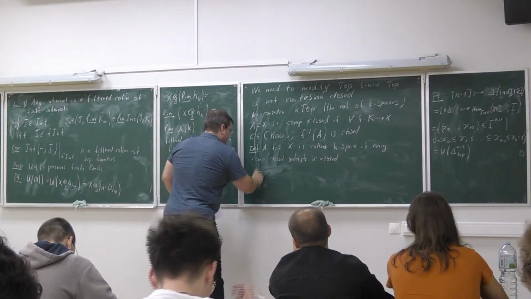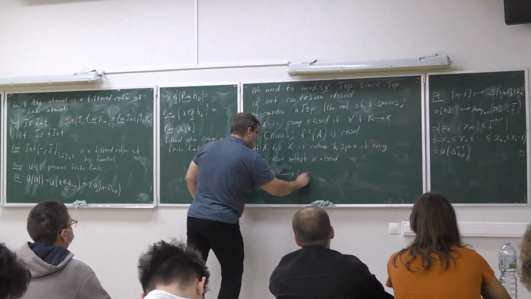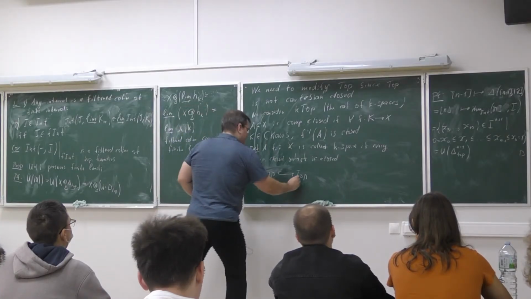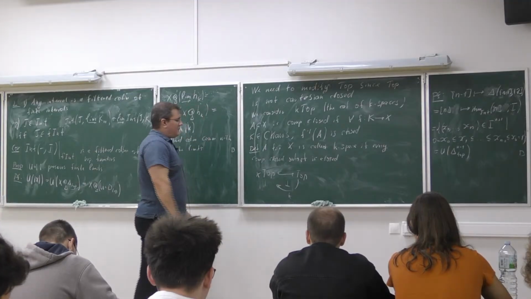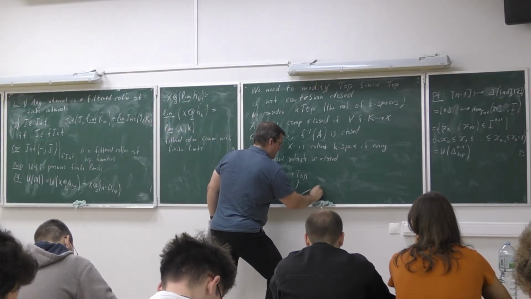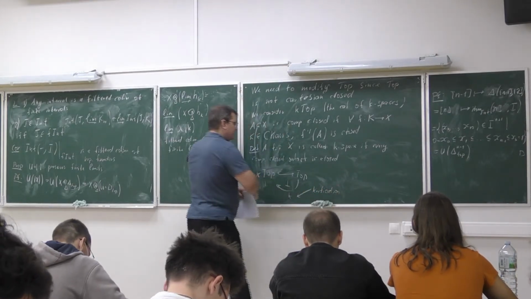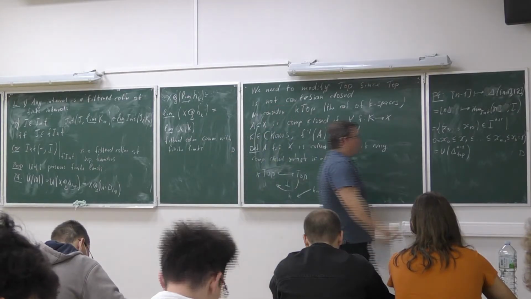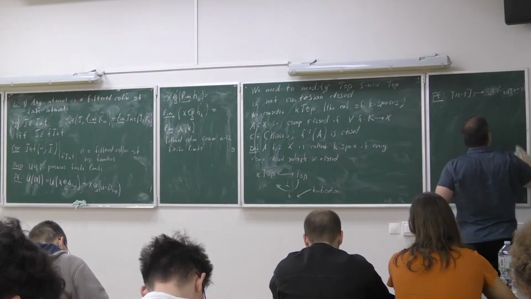So you consider a full subcategory, K-Top, inside all topological spaces, and this inclusion has a right adjoint. This is called K, and this is K-ification of a topological space. So this K-Top is again complete and cocomplete, but now this is Cartesian closed.